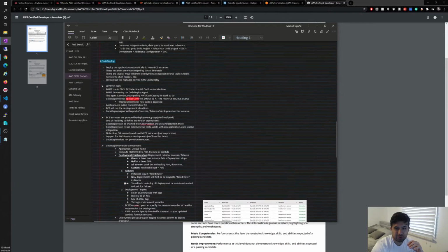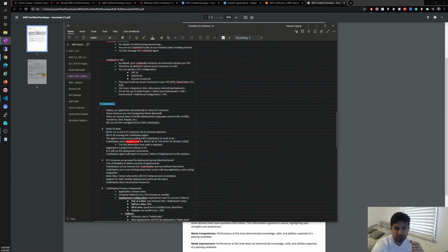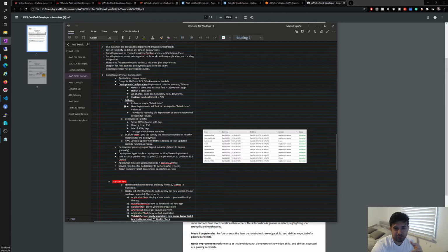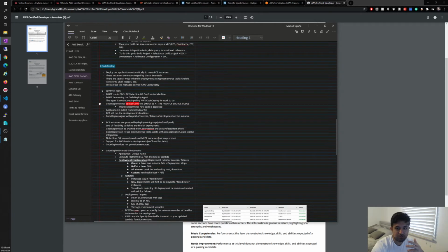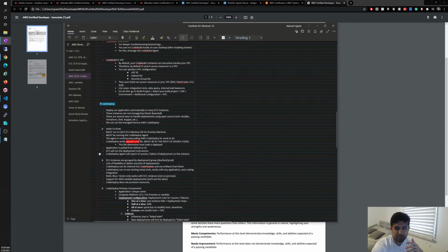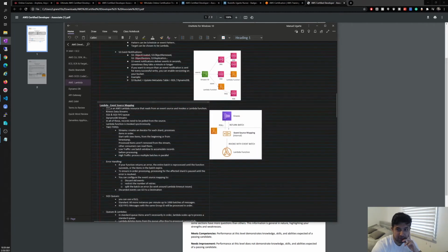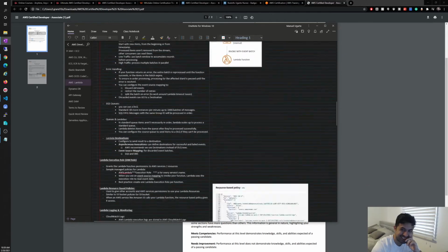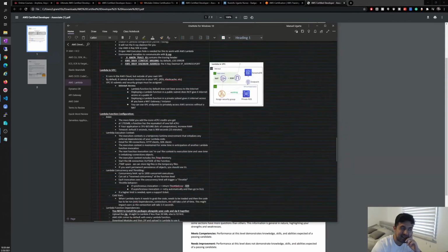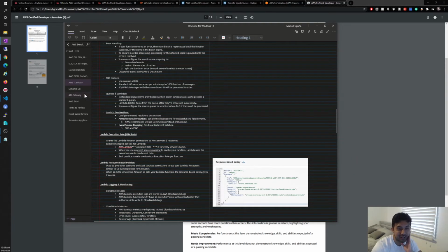I was having issues with CodeBuild and CodeDeploy, right? How they differentiate, what kind of templates they use, or the YAML file that I mentioned, where it must be, etc. And then Lambda as well. Lambda was long, guys. I was like, Lambda touches everything.